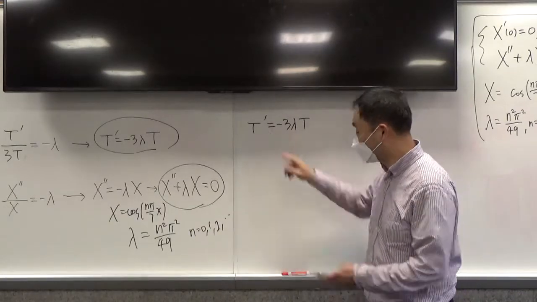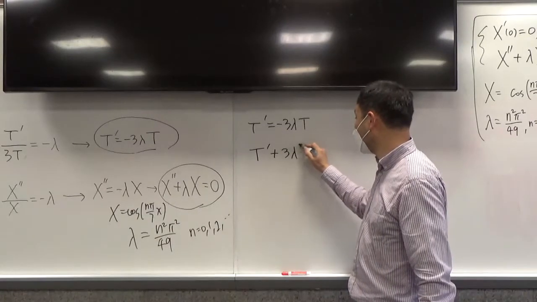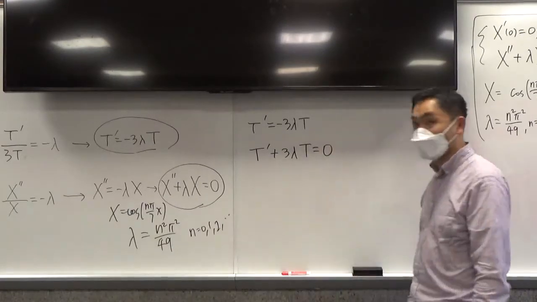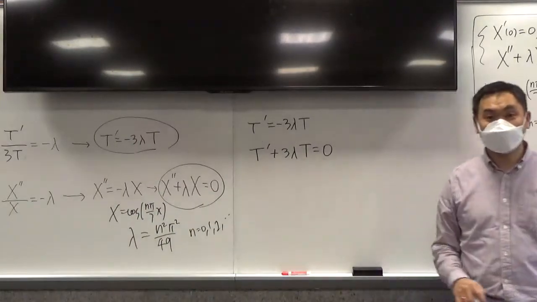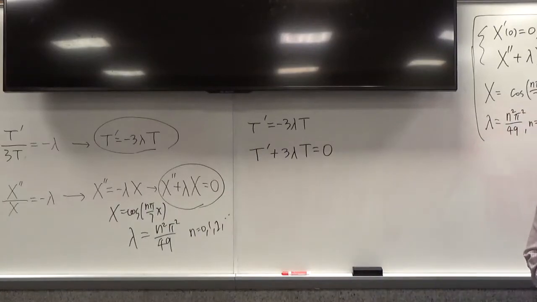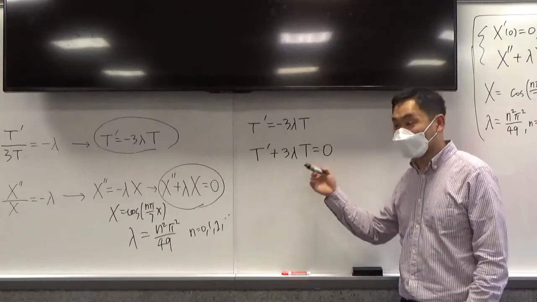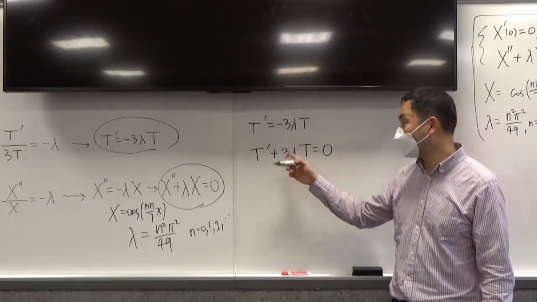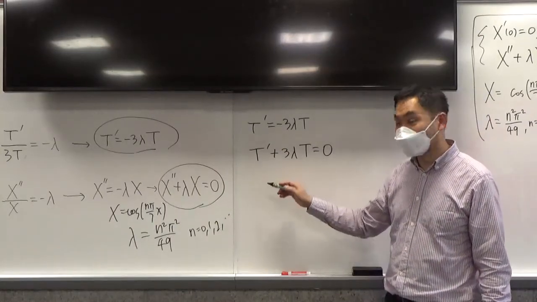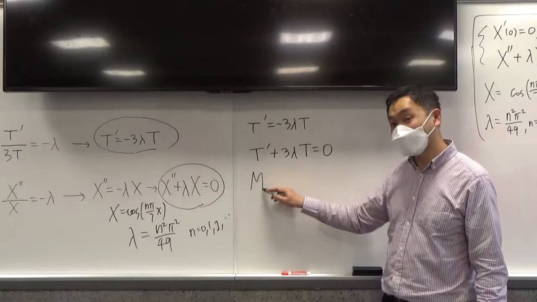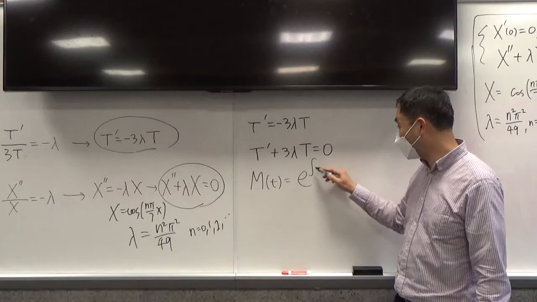We can move this to the other side, and we get T prime plus 3 lambda T equal to 0. What kind of differential equation is this? First order, and it's linear. It's even homogeneous, but all we need to know is that this is a first order linear differential equation. How do we solve a first order linear differential equation? Find the multiplier, right? E, integrate.